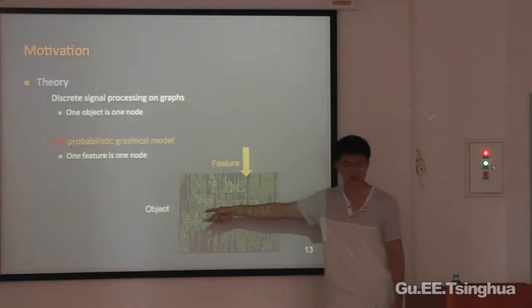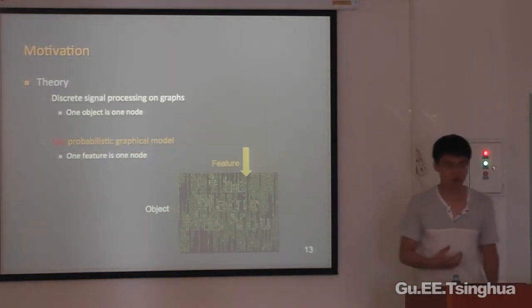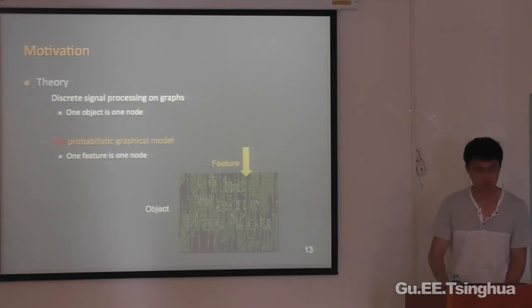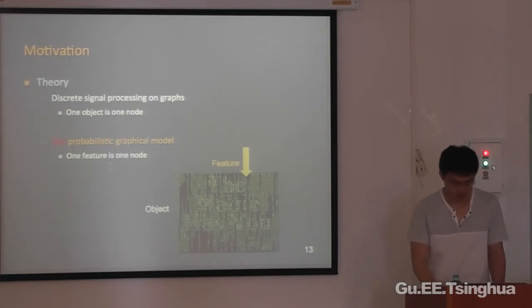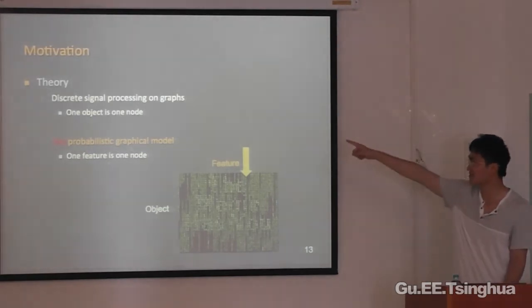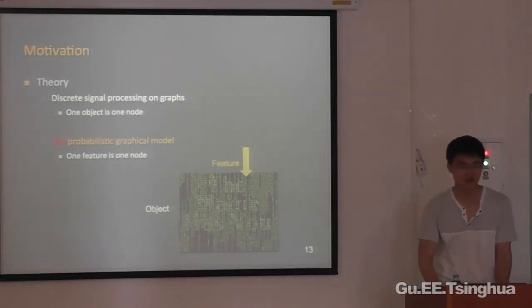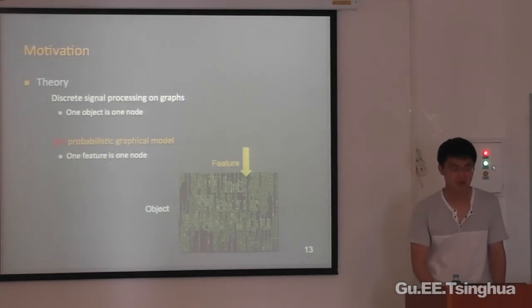If you view things from the feature, it should be called a graph. If you view things from the node, from the object, it should be called a network. But there is too much conflict there, so now people just pick words randomly. Here the name should actually be discrete signal processing on networks, but graphs may be a fancier name.